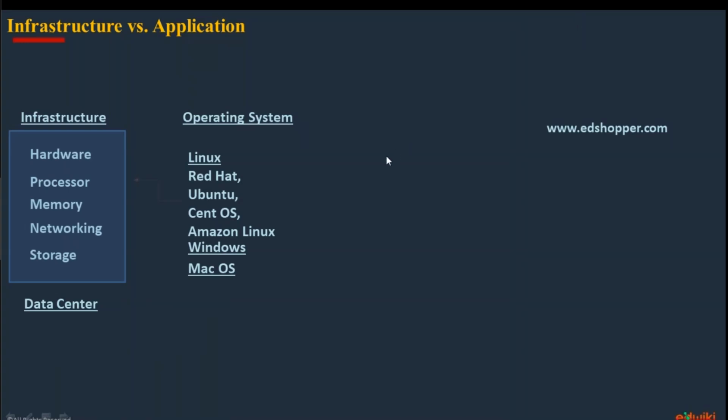So on top of the operating system, you would need an application, correct? You can always chime in, talk to me over the chat window as we make progress, to make it more interactive. Now, what is an application? Can you call out some application names, guys, in the chat window? Again, don't worry about DevOps or anything else. It's just general, right?